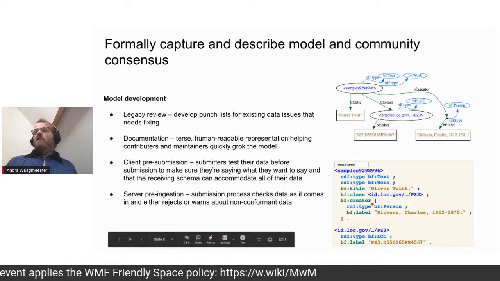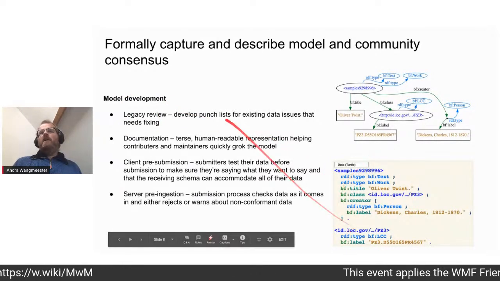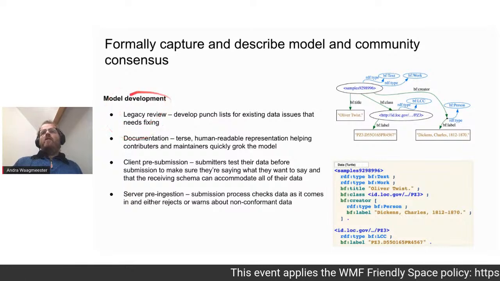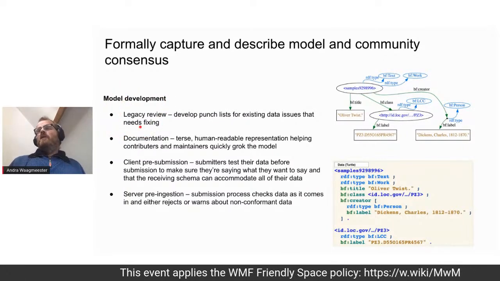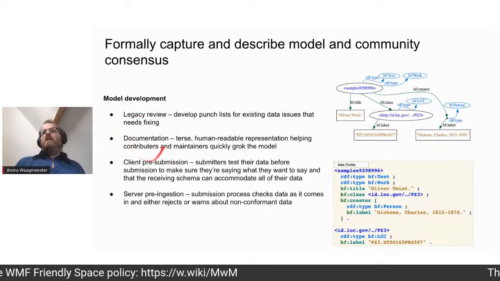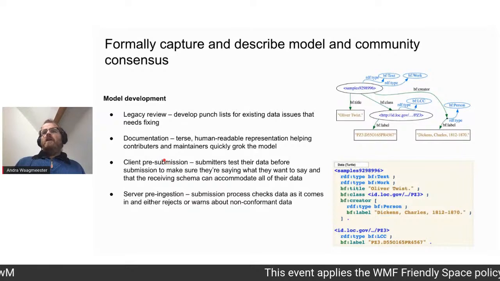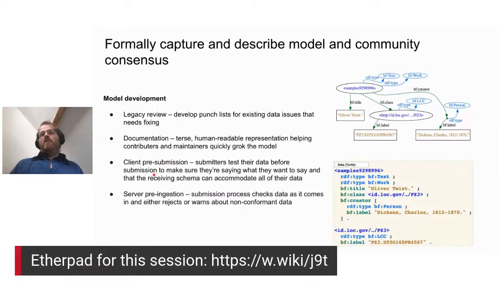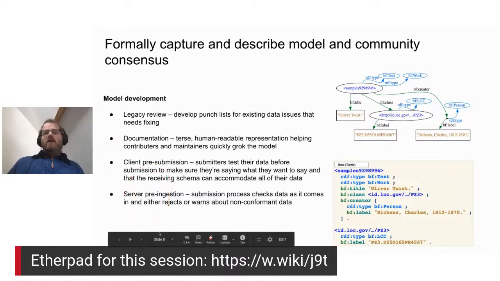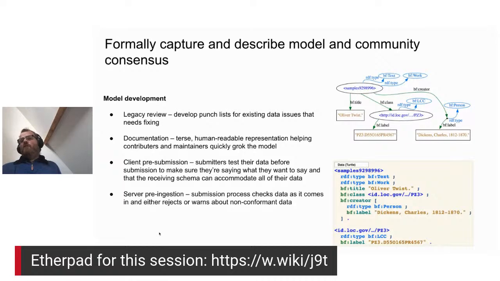This allows us to check legacy review: we have the model in place, so we can check what is already on Wikidata with respect to the topic under scrutiny. It allows us to document the schema that is being addressed by the bots. It allows us to check data before it is submitted into Wikidata, and to check whether, after ingestion, the data is still as expected.